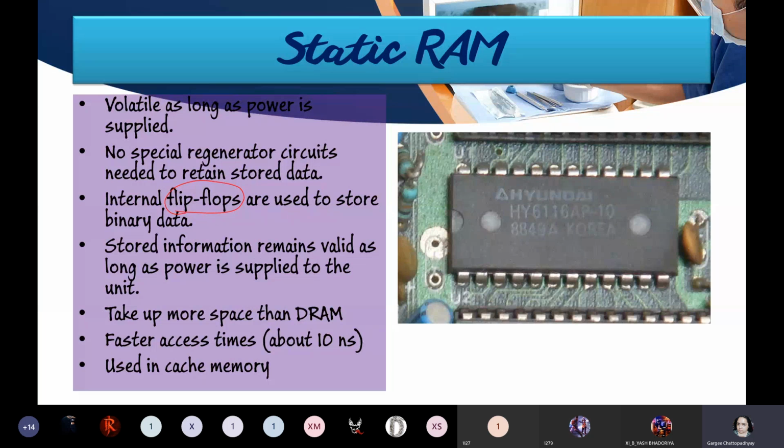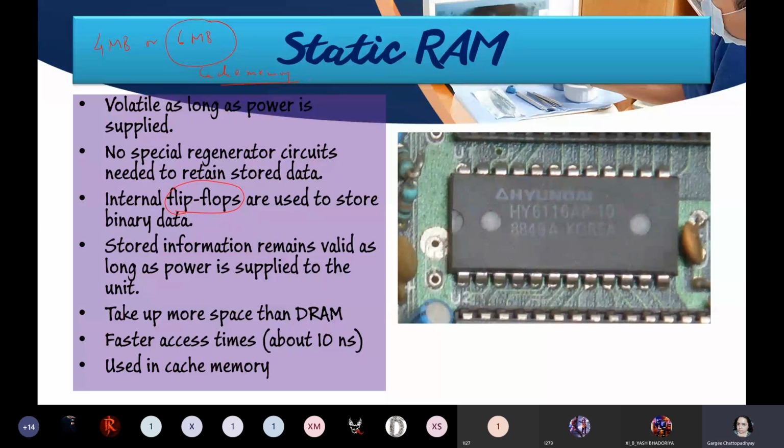Okay, if you keep in touch with the latest technologies, today's gaming laptops come with around the best form of cache memory, which is about 4 MB or 6 MB, which is a lot. If this much cache memory is in your system, your system is going to work very fast.